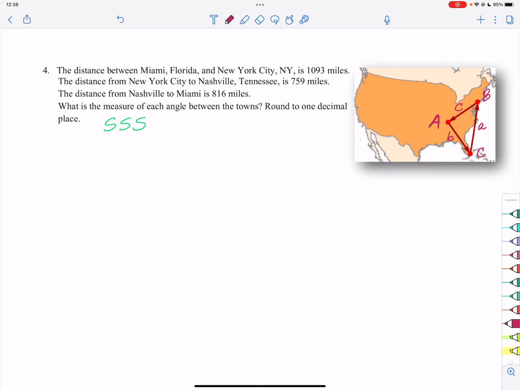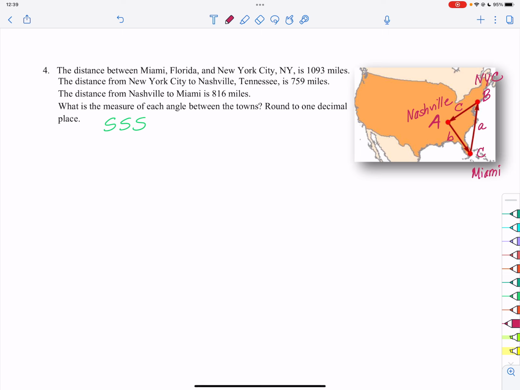And of course, you can see Miami is here. And New York City is here, where angle B is, or vertex B. And Nashville is A. Okay, and that'll help us over here.